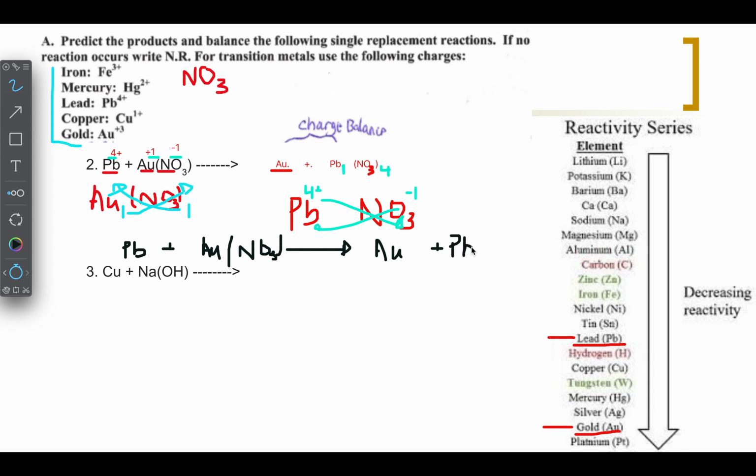We've replaced, and we only always switch the positives. We're not doing anything with the negative, right? We're not putting Au and Pb together. We don't do that. We just switch the positives. PbNO3, 4. Okay, and then now we are on step 5, which is to balance that chemical equation completely, right?